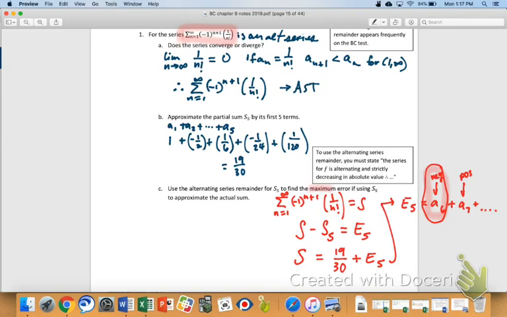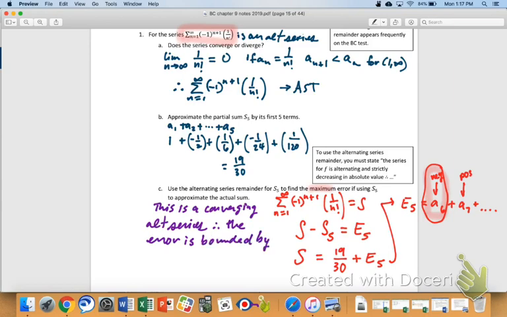So I'm going to say this is a converging alternating series. That's important because if it was diverging, this doesn't apply. Therefore, the error is bounded by, and bounded is like the word boundary, right?